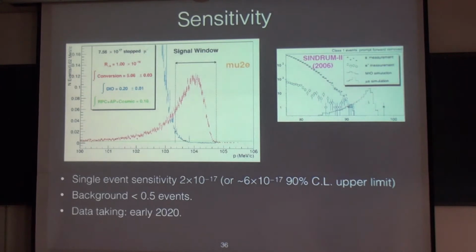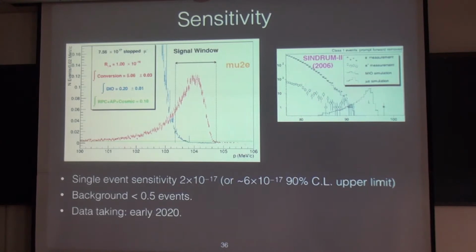Then this is the overall sensitivity. On the right here is the previous best measurement from SINDRUM II at PSI. We're basically using the same analysis technique. And this is a very high statistics Monte Carlo. You see the vertical scale is normalized, so this is just 0.1 here, and this is a tiny beam size.